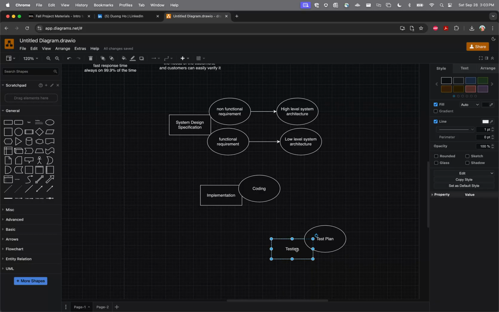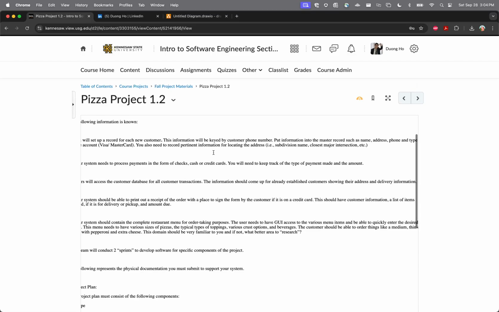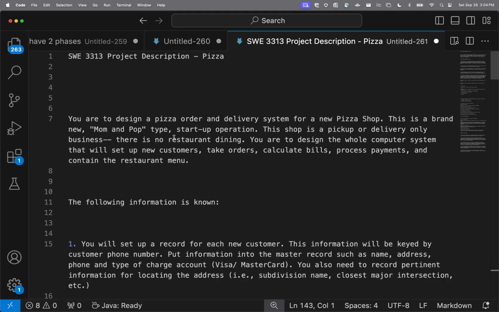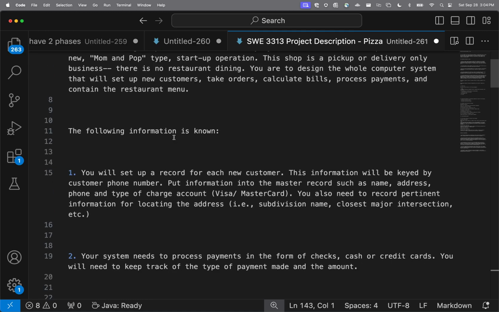Now let's talk about your project a little bit. This is a piece of the project. It doesn't look very good. Let me copy and move it here so you guys can see it better. Okay, I'm not going to go over all of these, but let's go over some of the requirements.